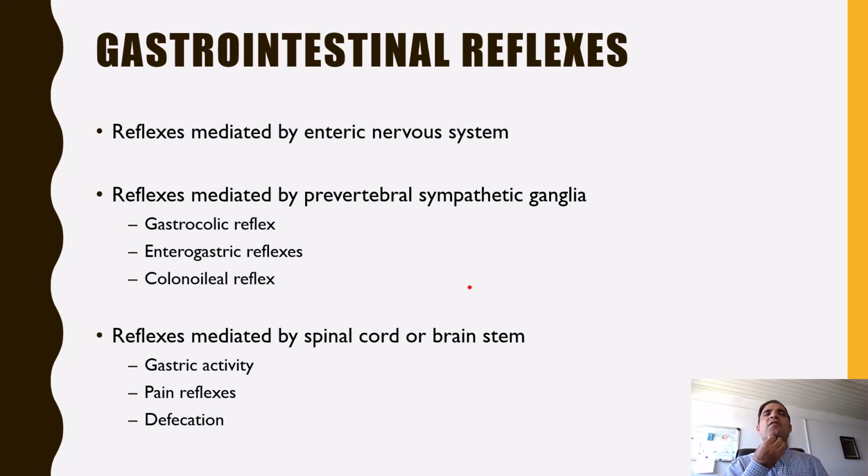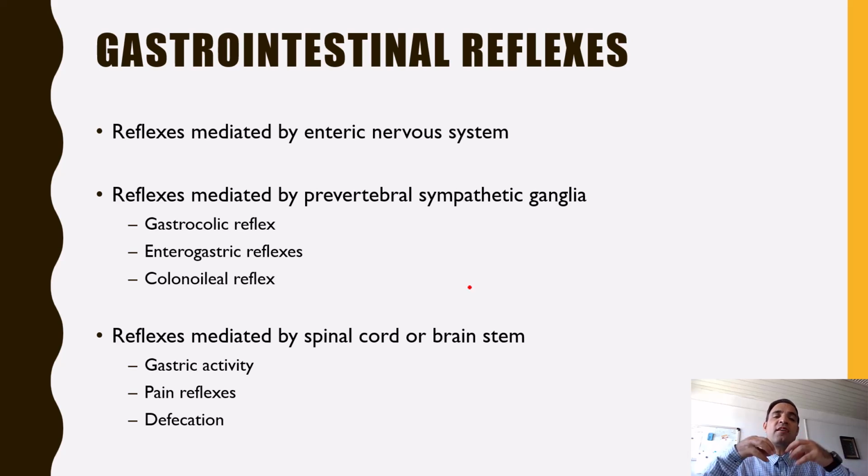For example, when you swallow a piece of food into your esophagus, the esophagus will be stretched. And at the same time and same place, the contraction will happen to push down the food to the distal part. This contraction is generated by the enteric nervous system, and it is a reflex.